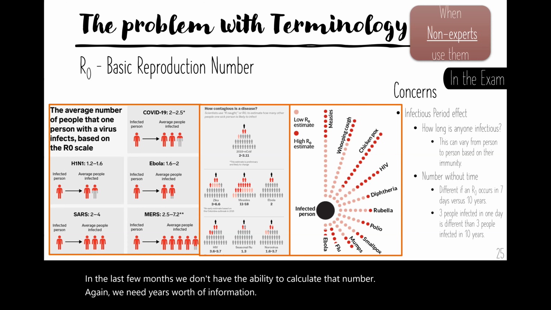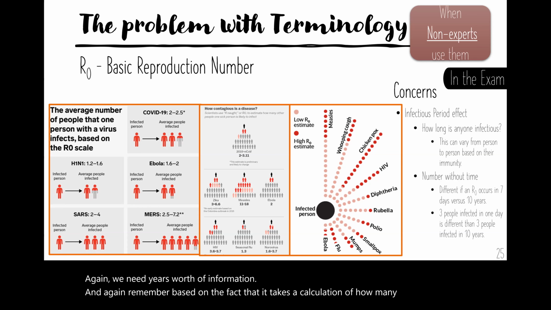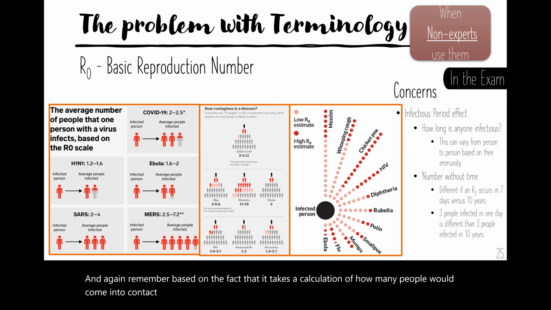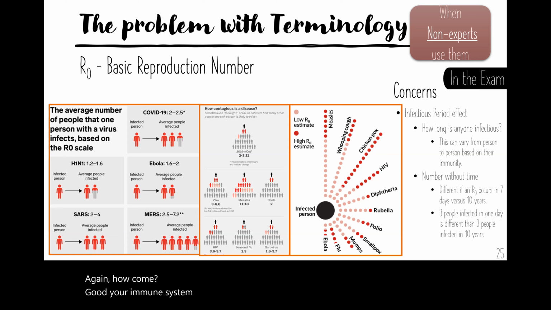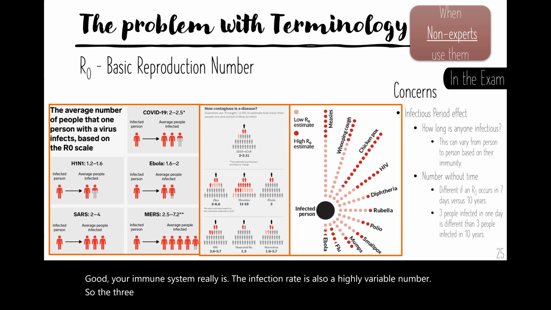And again, remember, based on the fact that it takes a calculation of how many people we come into contact with, as well as how good your immune system really is, the infection rate is also a highly variable number. So the 3 numbers that are used to calculate the R0, the basic reproduction number, are all highly variable, and they take a long time to calculate.